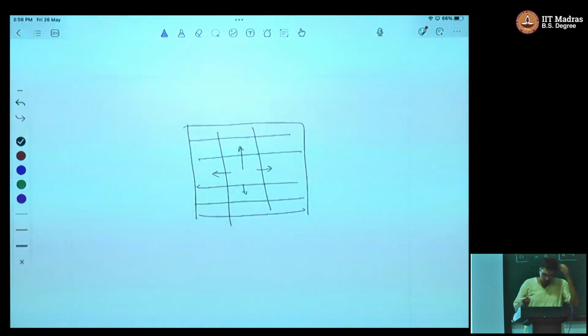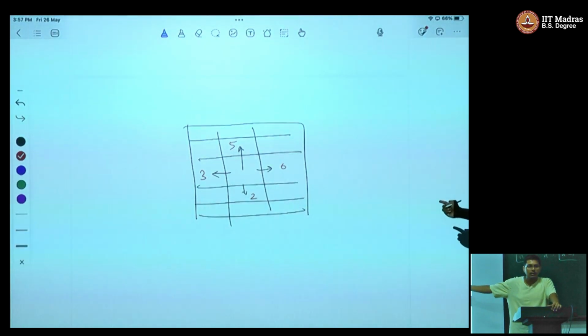So after learning everything, maybe this is worth 5, this is worth 6, this is worth 3, this is worth 2, then we will say, okay, taking the action that gives a value of 6 is going to be more useful than going any other way, right?